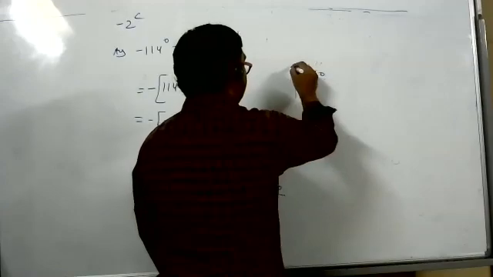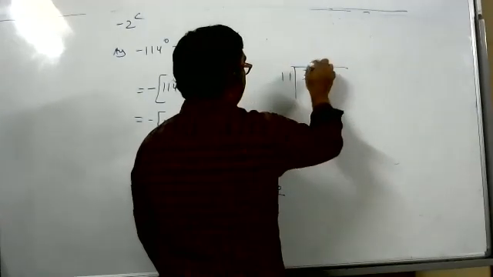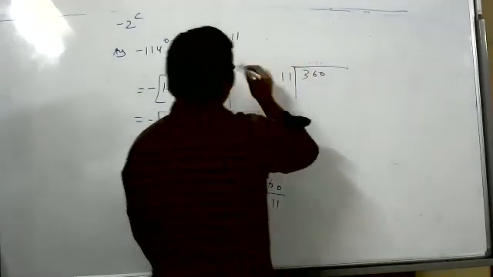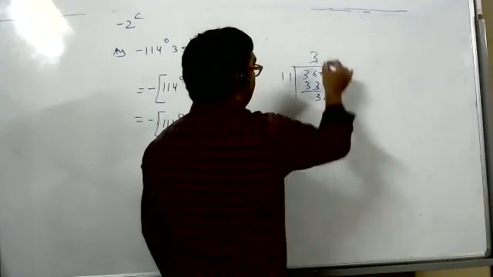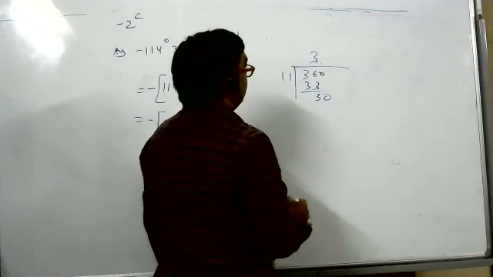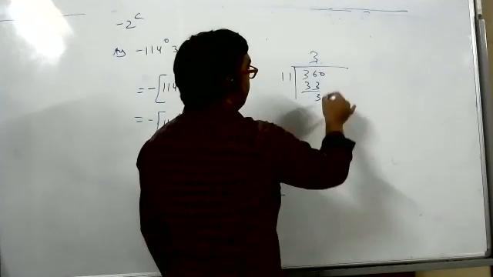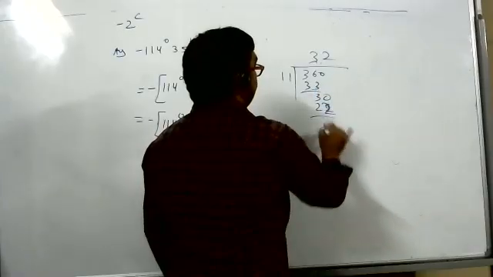Sometimes you have to be careful with calculation. Otherwise, you know the procedure but you will not get the answer. 11 times 32 is 352, remainder 8.